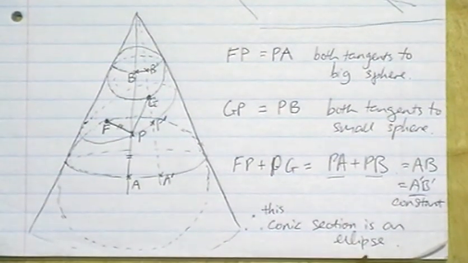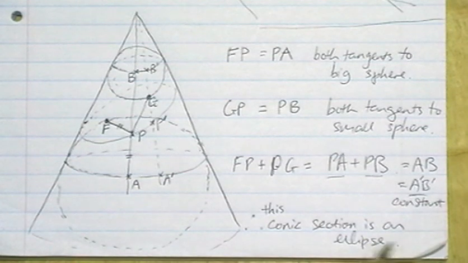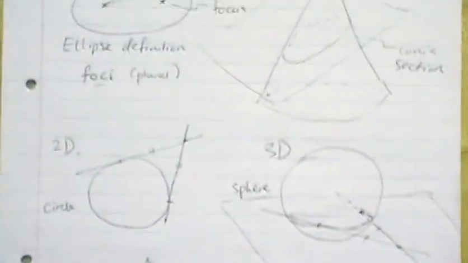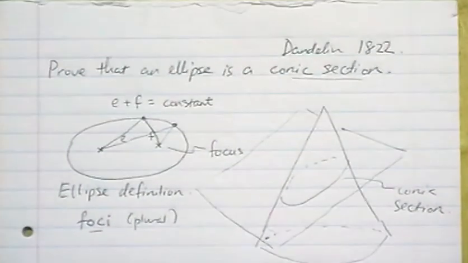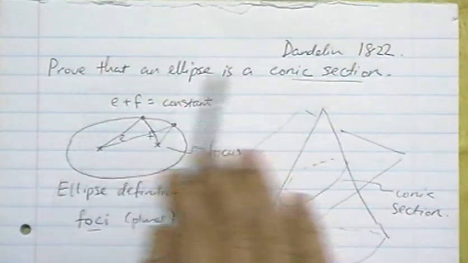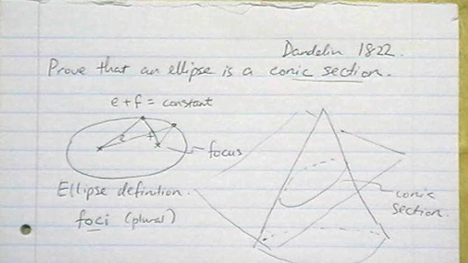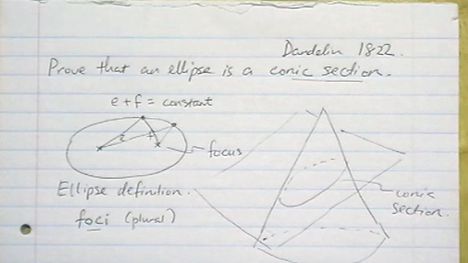To be precise, to directly answer our initial goal, we have proven that an ellipse is a conic section. Okay, we'll stop here.